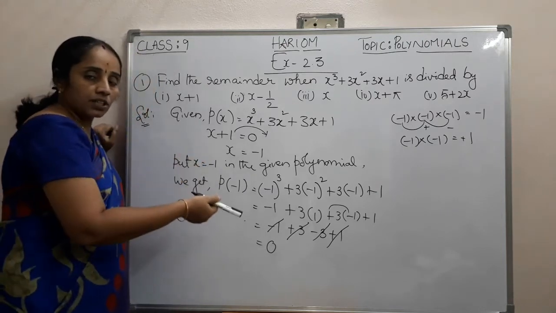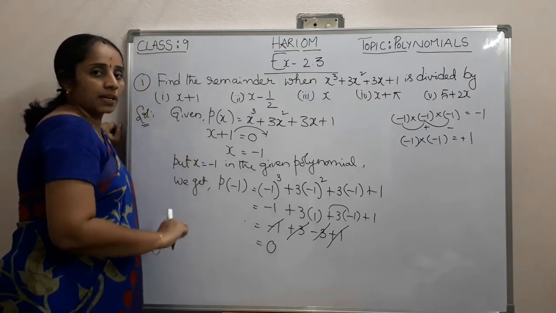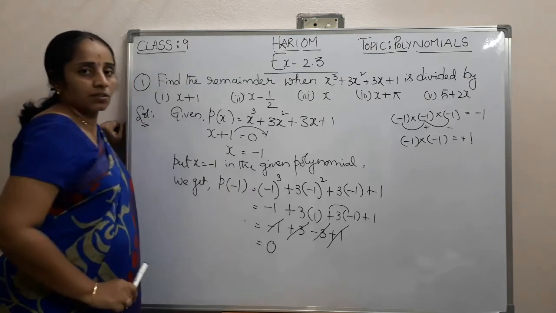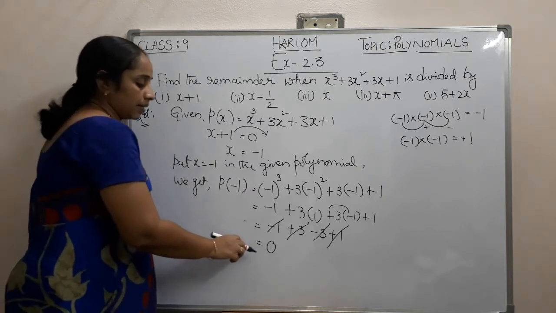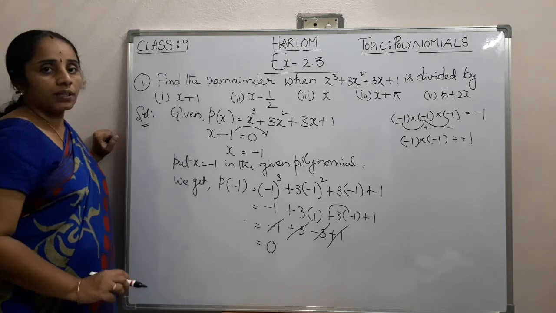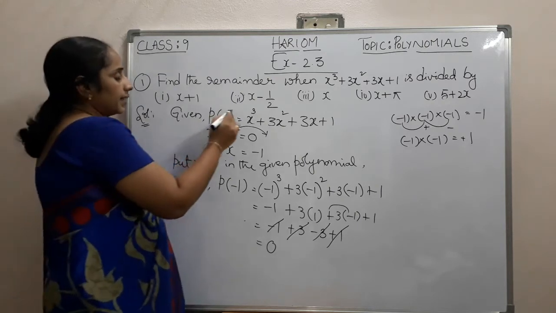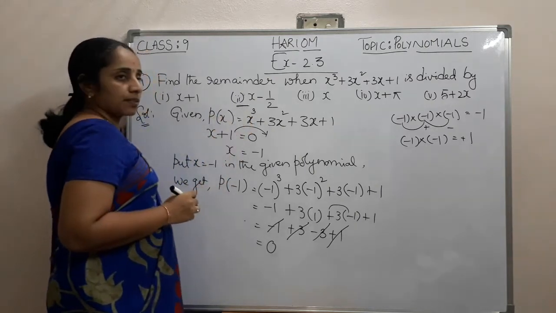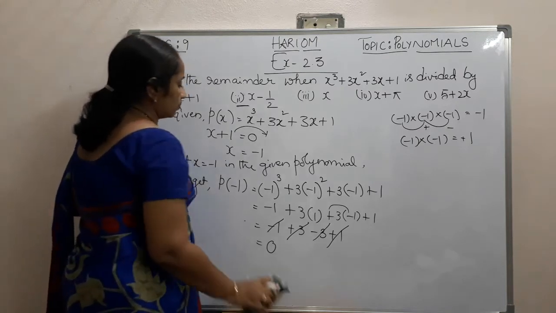In normal division also we got the same. The remainder 0. Here also the remainder is 0. Okay. And the next one is x minus 1 by 2.